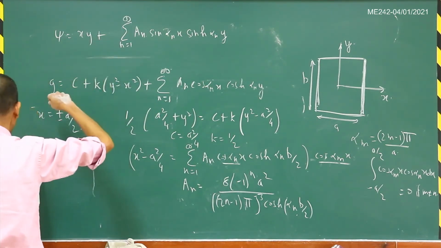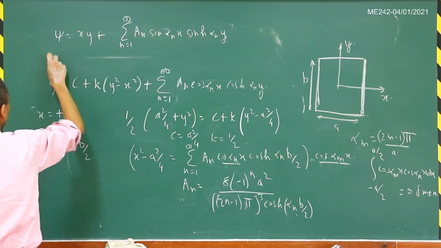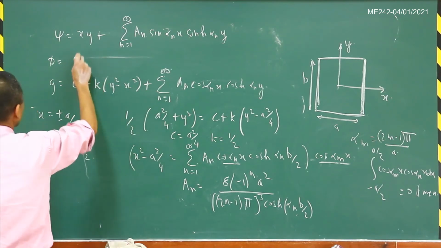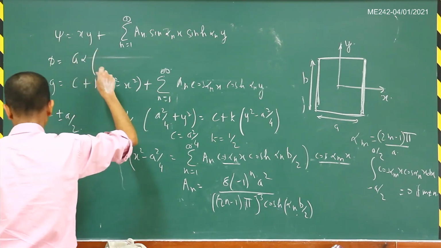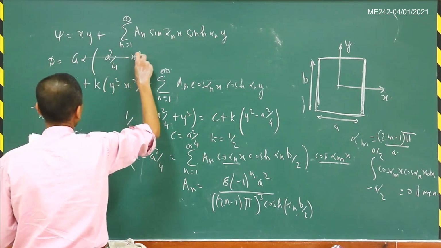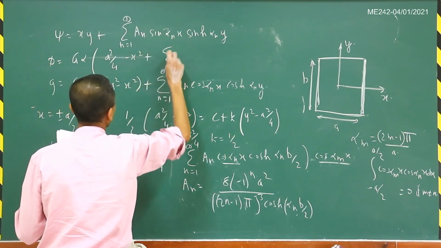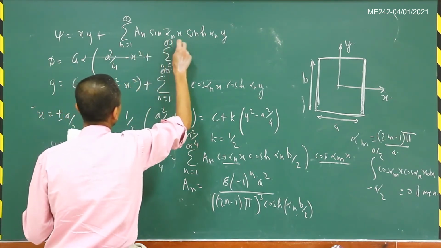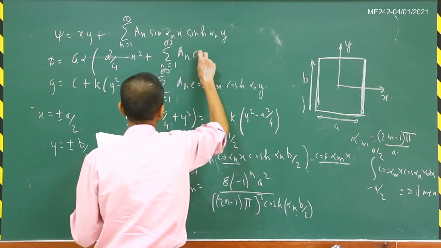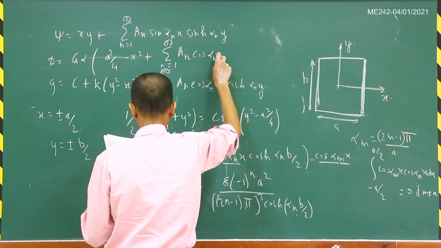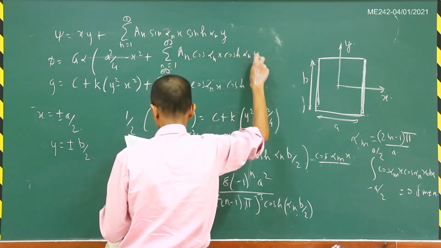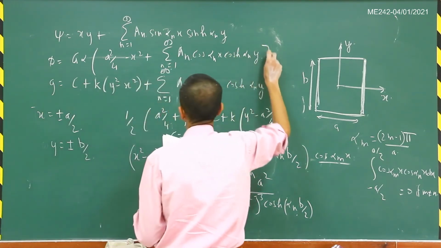And then the primary stress function phi can be found out directly from g. So that is G alpha times (a squared by 4 minus x squared) plus the summation from n equal to 1 to infinity of a_n times cos alpha_n x times cosh alpha_n y.